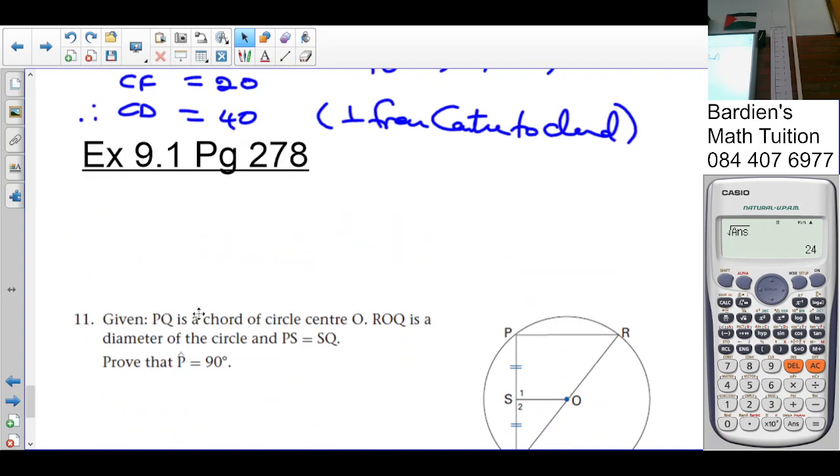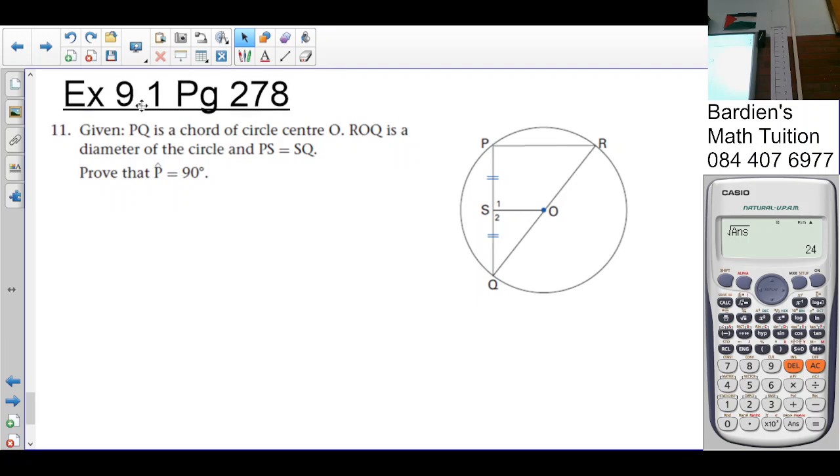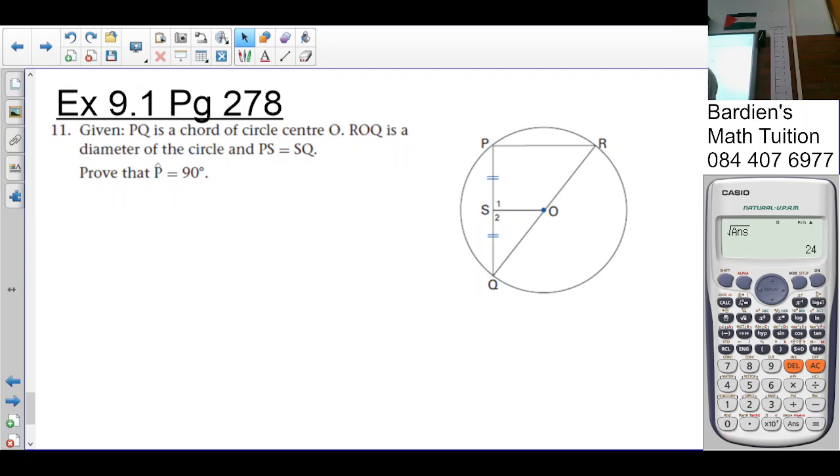Number 11. In question 11, we are given that PQ is a chord of the circle center O. ROQ is the diameter. So if ROQ is the diameter, what do we know? That OQ is equal to RO. Why? Both are radii. So what triangle is being formed here?